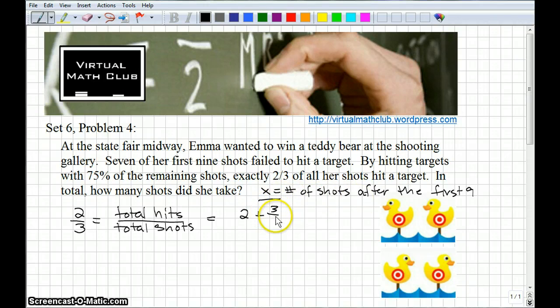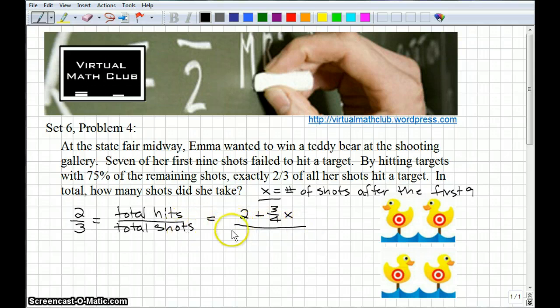I'm going to say 3/4 x. Okay. So the number of shots that she made was the first 2 out of 9, and then 3/4 of the rest. Okay, and that should be the total number of hits.